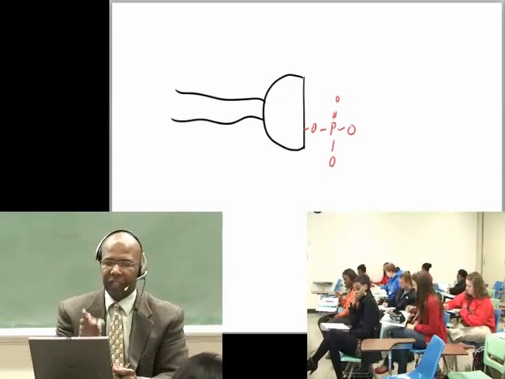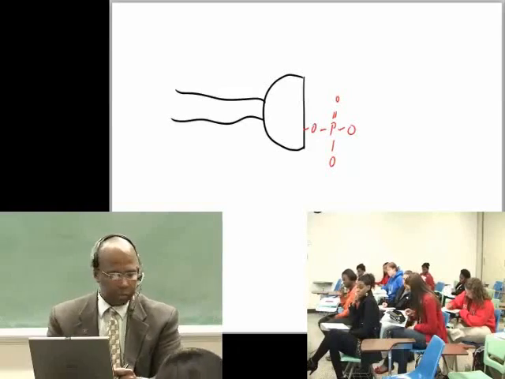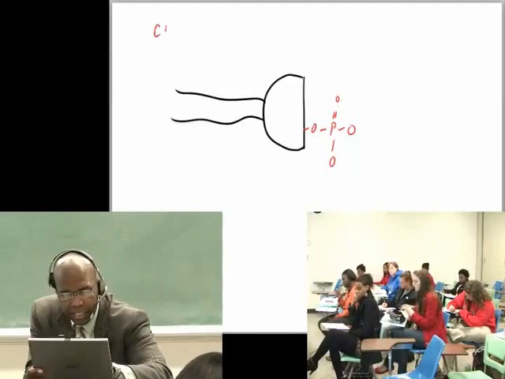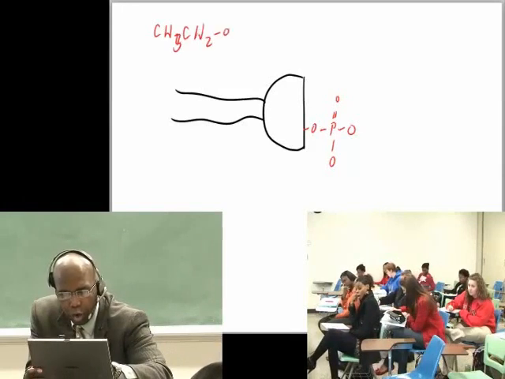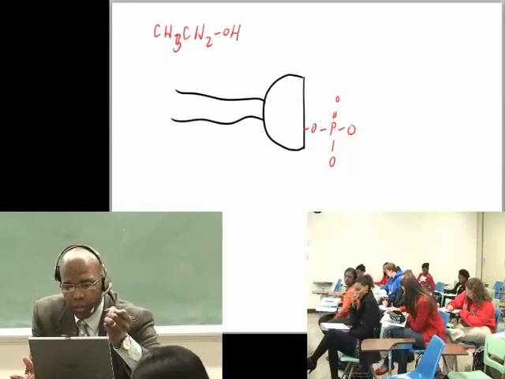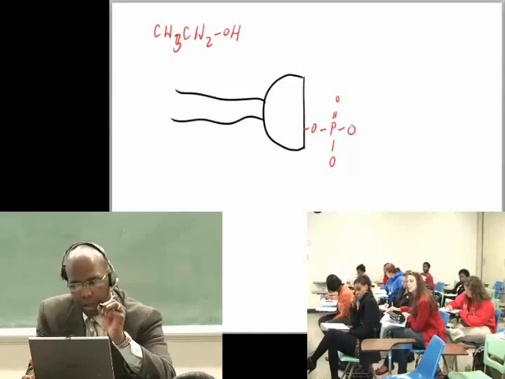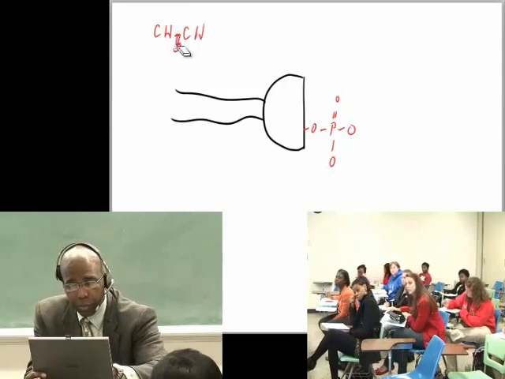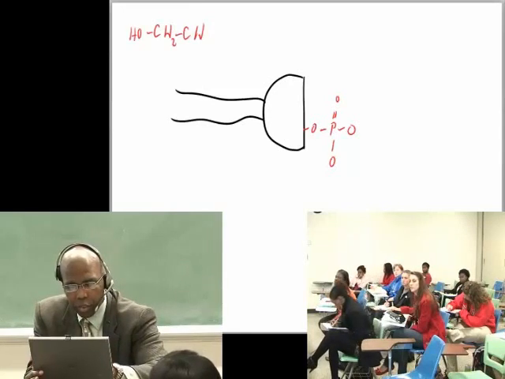This is going to be phosphatidylethanolamine. We're going to do ethanolamine first. Ethanol is CH3, CH2OH. I'm just going to do something real simple here. Don't let this frighten you. I'm going to put the OH over here: CH3, CH2, OH.